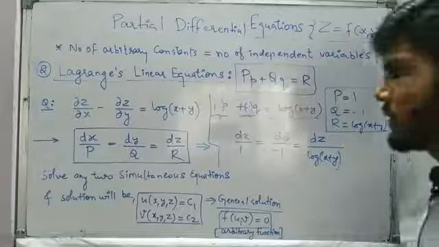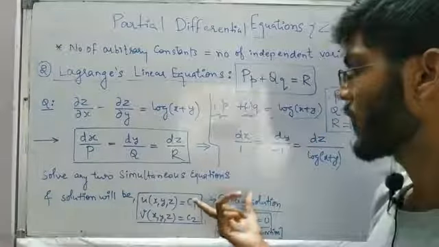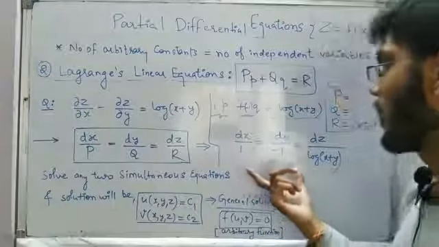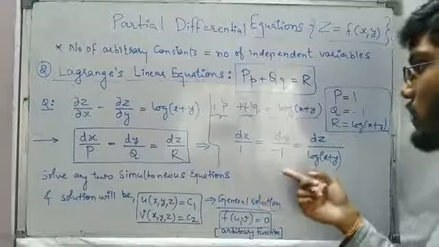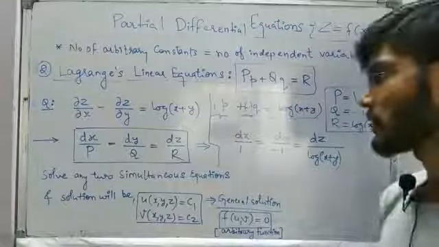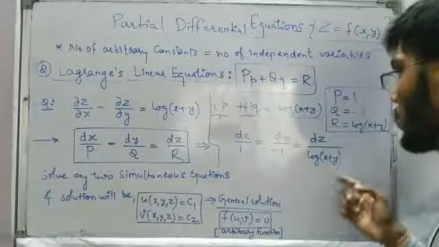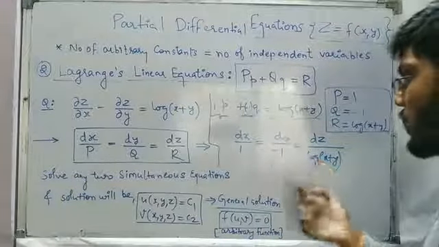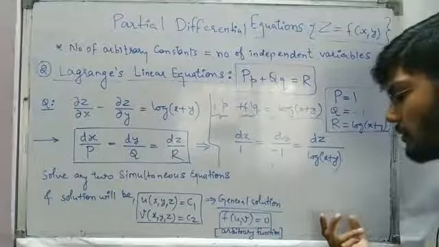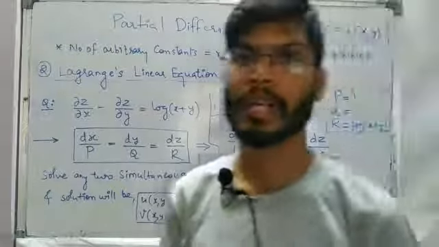After this we will have to solve any two simultaneous equations, because if we take any two of the equalities, dx upon 1 is equal to dy upon minus 1, we have one equation, or dx upon 1 is equal to dz upon log of x plus y, we have another equation, or if we have dy upon minus 1 is equal to dz upon log of x plus y, we are going to form three different equations.